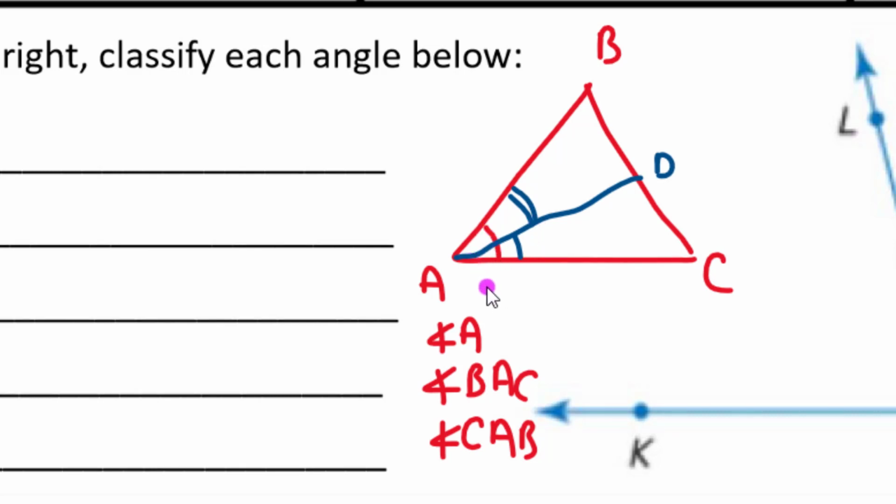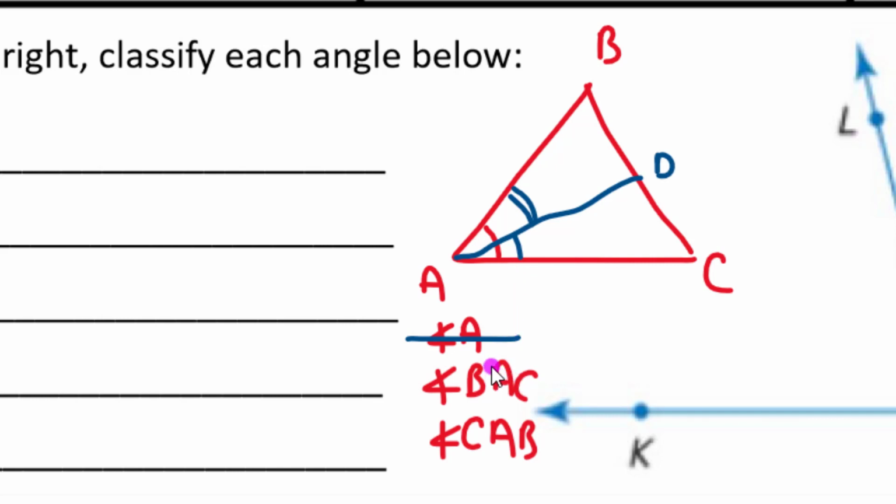If I try to name it angle A, then it's going to be kind of misleading. So in this situation, I would not be able to use one letter. I must use three letters. Because using three letters, I can say that BAC is definitely this red angle here, angle BAD is the one with the two blue lines here, and DAC would be the one with one line.